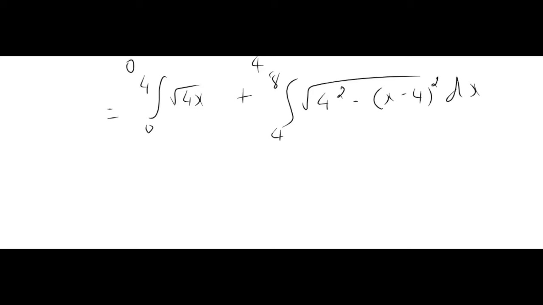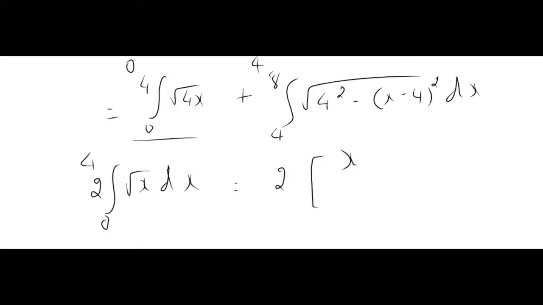So the integration goes, now let me take the first curve, integration of 0 to 4. So square root of 4 is now going to be 2. So 2 root of x dx. So that is nothing but 2 x to the power of, I can write root of x as x to the power of half.